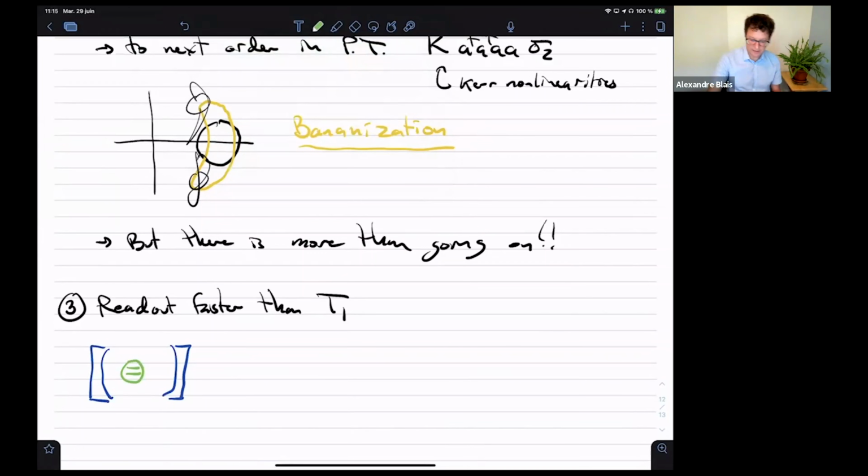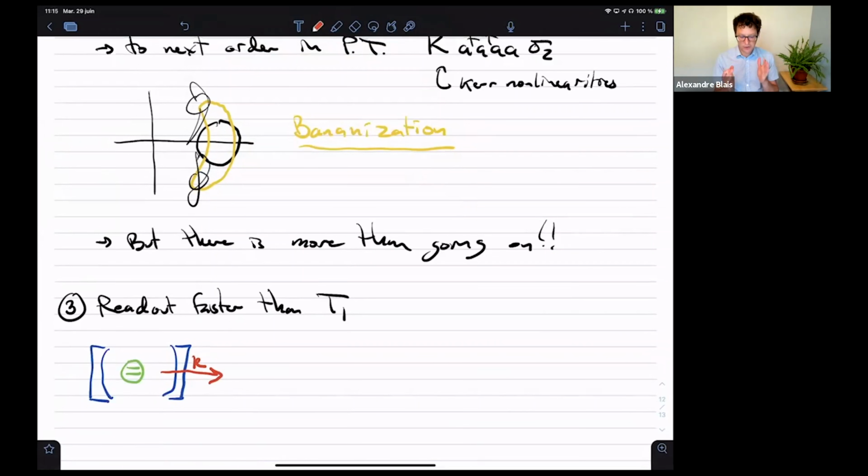They are slightly dressed. And now what you're measuring are the photons coming out of the cavity. And they're coming out at the rate kappa. So the rate at which you're acquiring information is kappa. So what you want is the photon loss to be as large as possible.